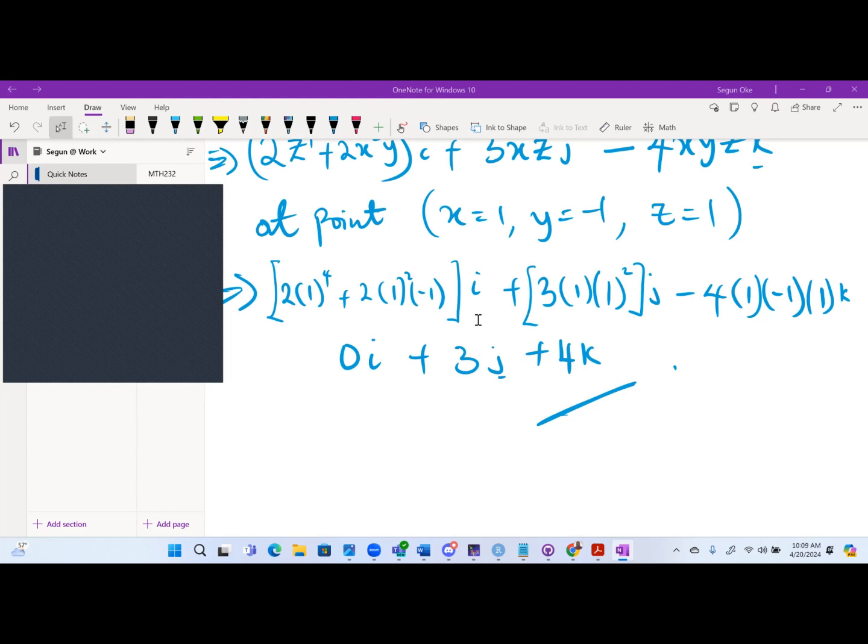Then also we'll solve some problems. Okay, let's start from line integral.